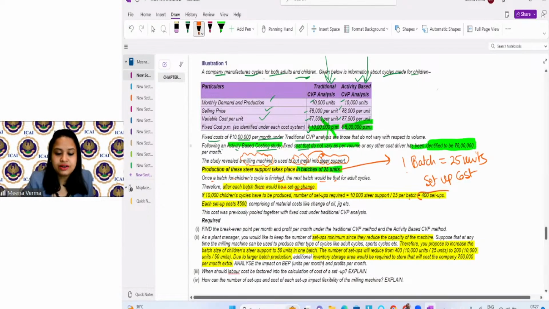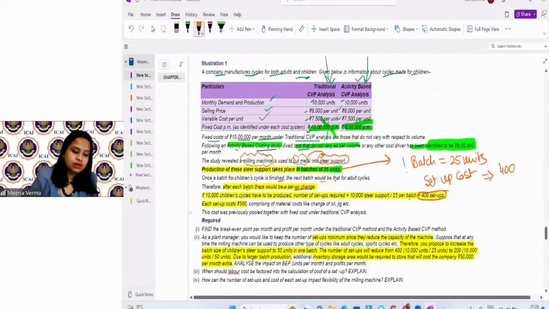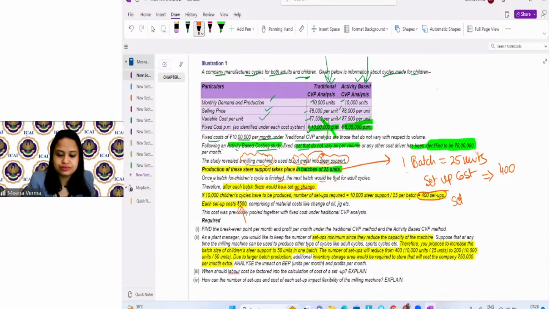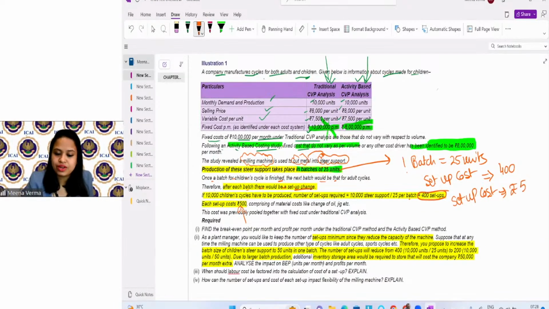That means 400 times setup is required. And what is the setup cost? Every time the setup is done, the cost is 500.